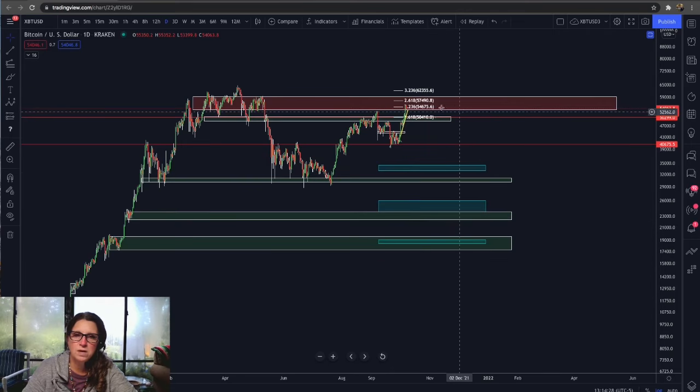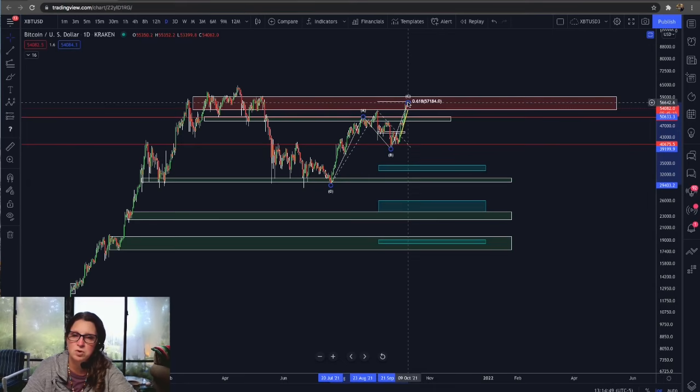The only other count that I see, and this is a big maybe, is if we've made an A, this is B, and this is C. And it's going to have to truncate and not go past the 618, which is at 57,184 on log scale.